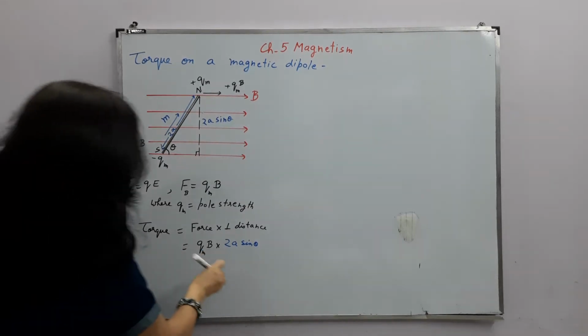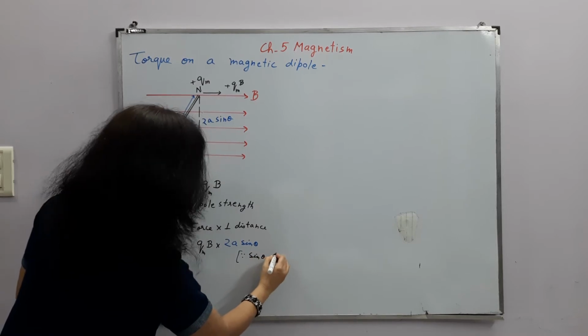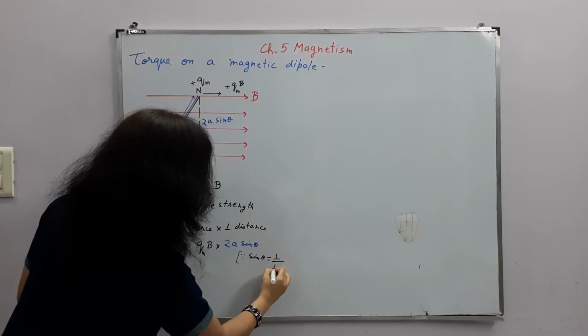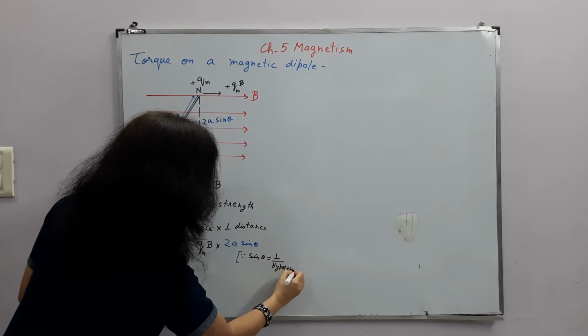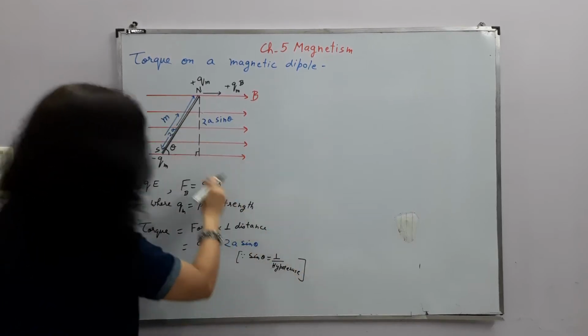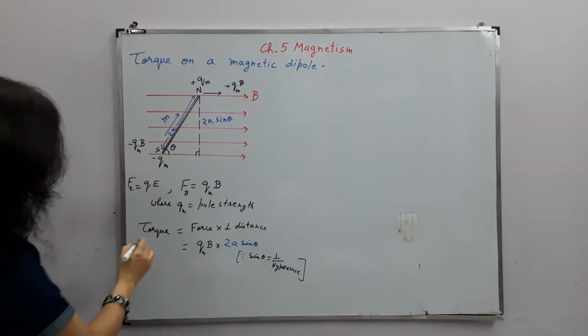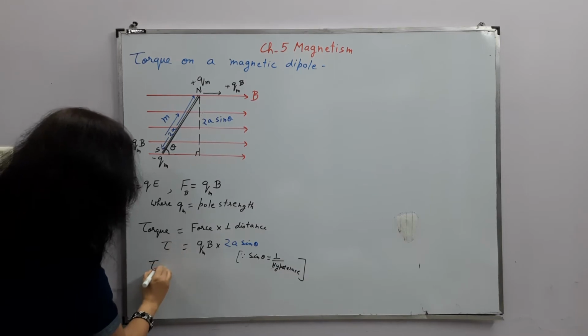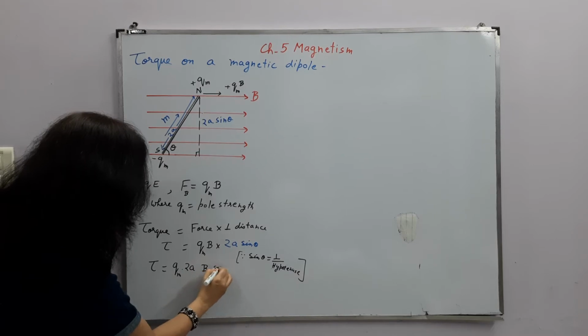So the perpendicular will be hypotenuse into sin theta, that is 2a sin theta. From here torque becomes Qm into 2a into B into sin theta.